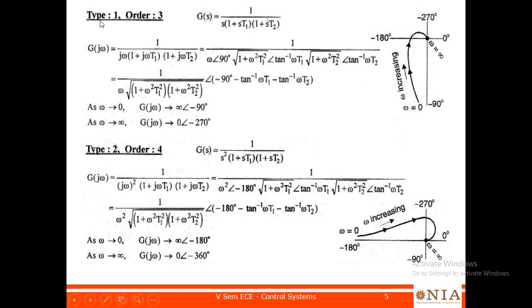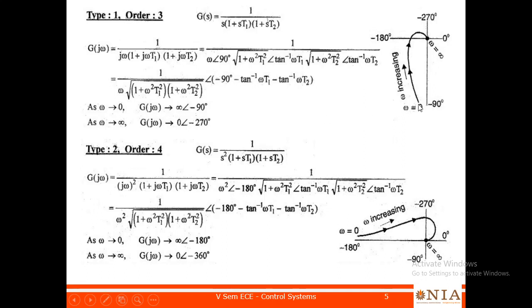Here again is another system whose transfer function has type 1 and order 3. Type 1 should start in this quadrant and order 3 will end in this quadrant. As usual, you calculate G of j omega and get the magnitude and phase at two points, omega equal to 0 and infinity.